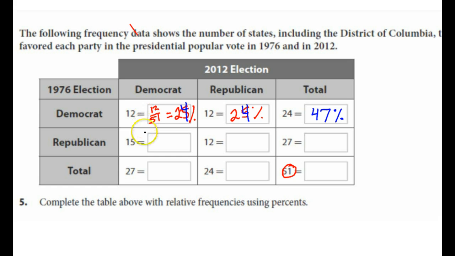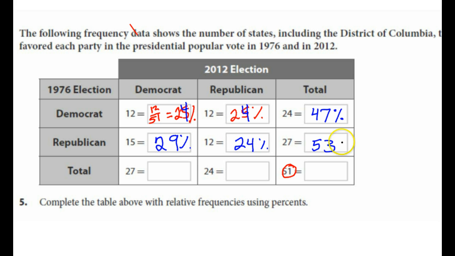Okay, so finish it up. 15 divided by 51. What percent is that? 29. Okay. This is 24, I already know that because we did it earlier, so you can see how I can reuse some of this. 27 divided by 51 should be like 53, and 29 plus 24 is 53.